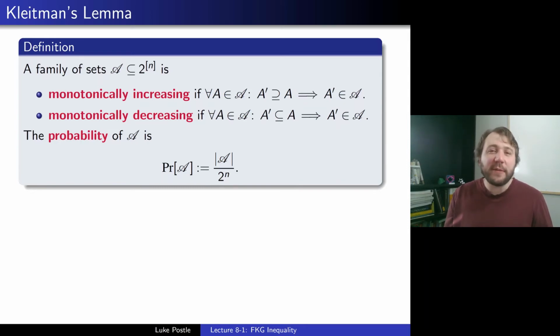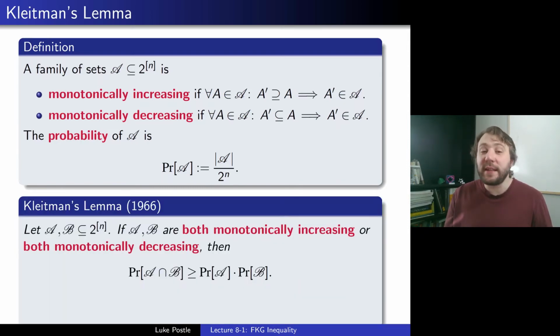Given those definitions, we can state Kleitman's lemma, which we stated before, but let me go through it in a little more generality now. If I had two families of sets, both monotonically increasing or both monotonically decreasing, then the probability of their intersection is at least the product of the probabilities.